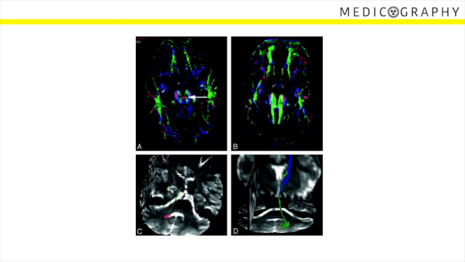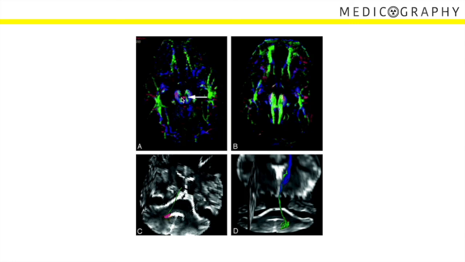Here's another example. This is a color-coded DTI map at the level of decussation of the superior cerebellar peduncles. In a healthy subject, you can see this red dot in the arrow here because it decussates. Decussation is going right to the left, left to right.